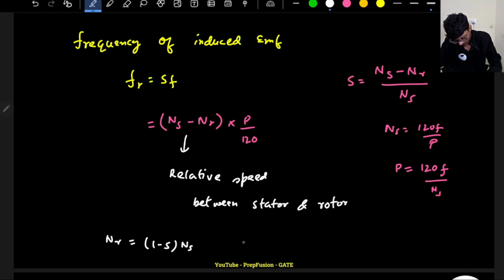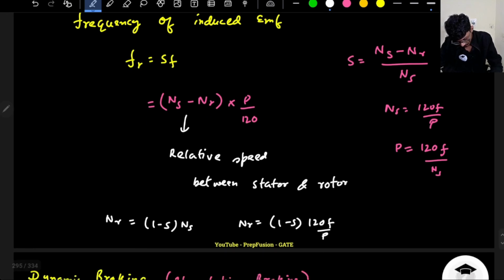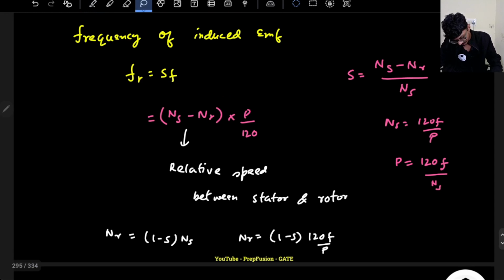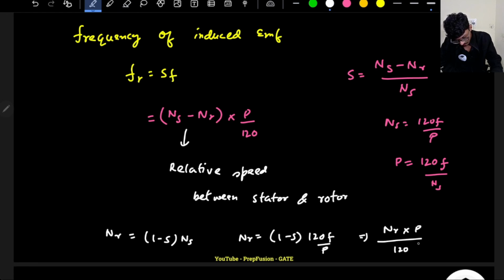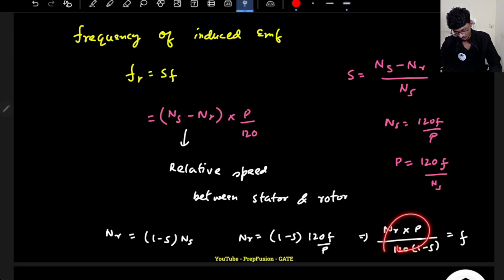And NS is 120 f by P, so NR is equals to 1 minus s into 120 f by P. So from here, f in terms of s is NR into P divided by 120 divided by 1 minus s. That is equals to f, because f currently is 0, I just want to write my f in terms of s. That is my task basically.